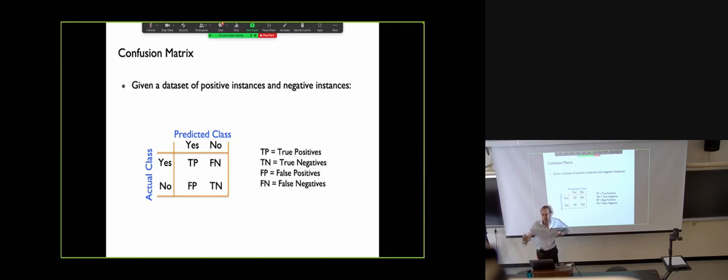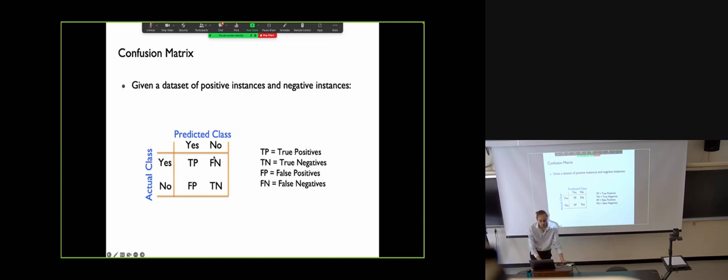At a high level, to get more refined error measures, we need something called a confusion matrix. It's a matrix with the predicted classes and the actual classes. For a binary prediction problem, yes or no, if the prediction says yes and the actual class was also yes, we call that a true positive, because the prediction was true and it was also a positive instance.